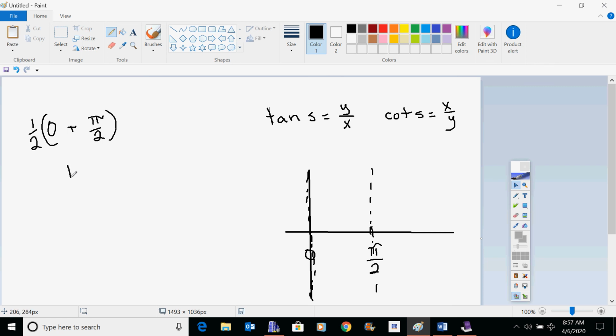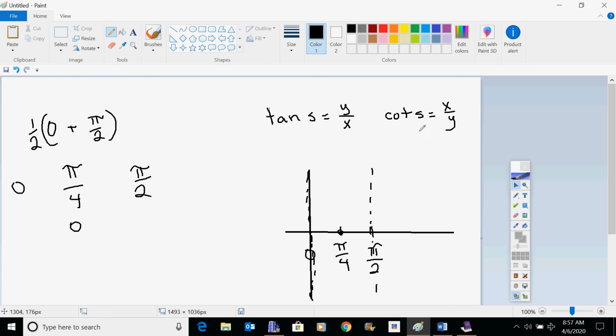So that gives me pi over 4 in the middle. So I've got 0, pi over 2, and pi over 4 in the middle. That's where my 0 goes.